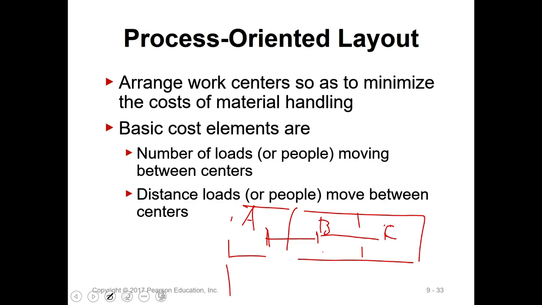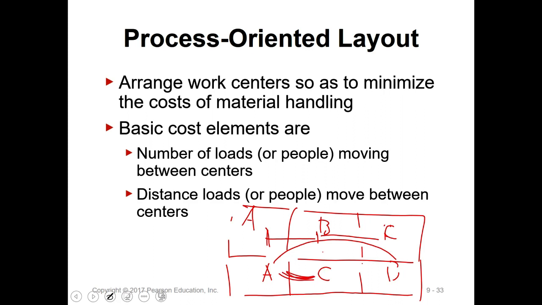But if you lay out differently, so if you put C over here and A over here and B over here, now the AB distance is increasing, but the AC distance is decreasing.